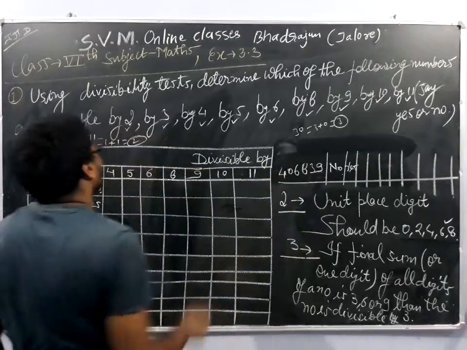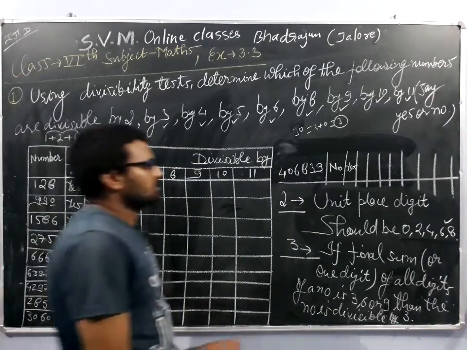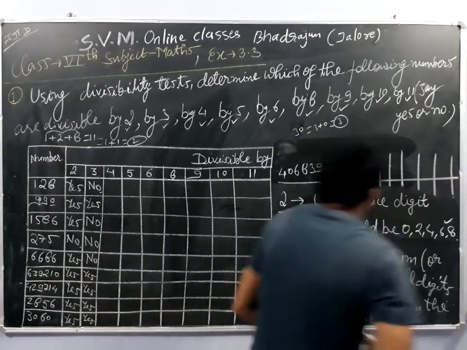Okay, so our next digit is 4. I am going to write the divisibility rule for 4.